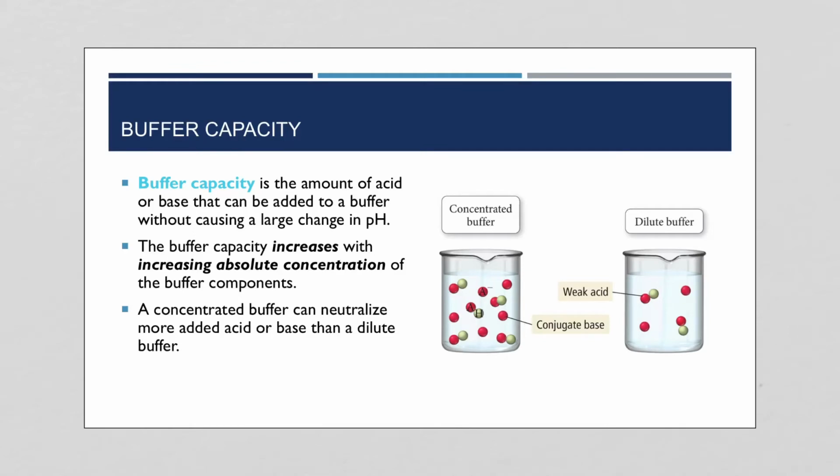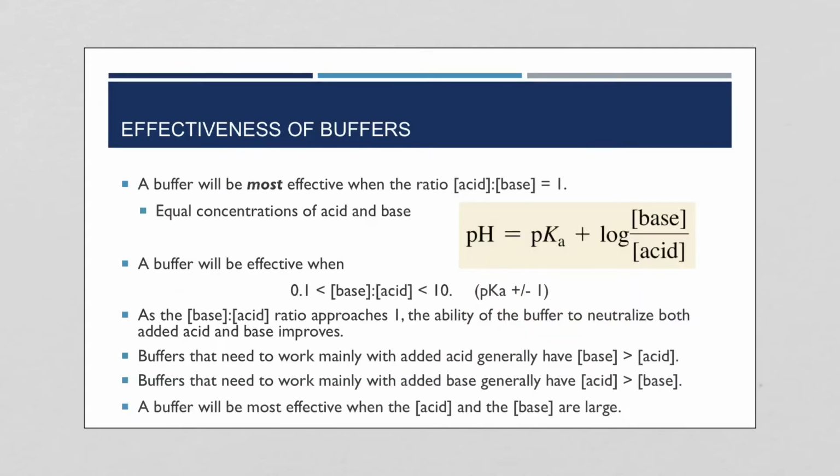If I have 0.2 molar, I'm going to have a higher capacity, right? So the more moles, or the higher concentration of our acid and base components, the larger the capacity is. So generally, a more concentrated buffer can neutralize more added acid or base than a less concentrated or dilute buffer. Okay? So that's essentially buffer capacity.